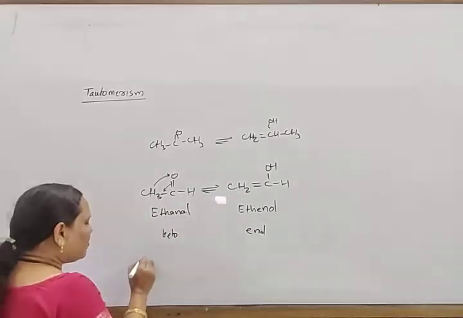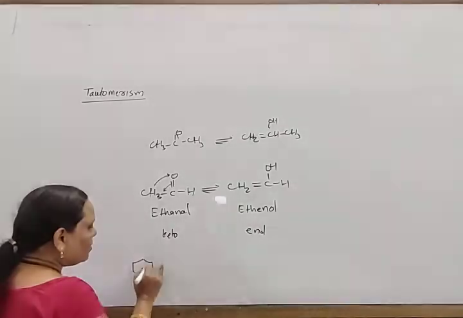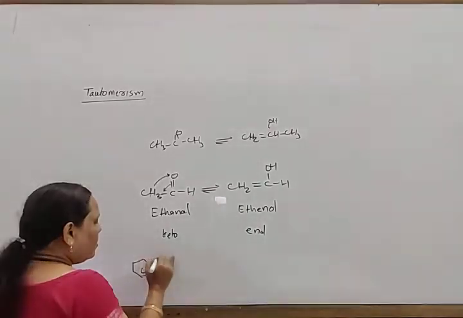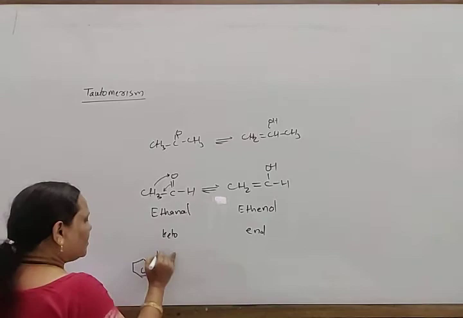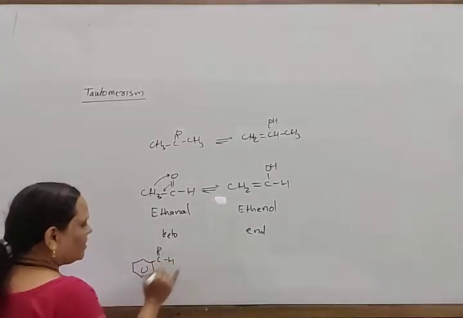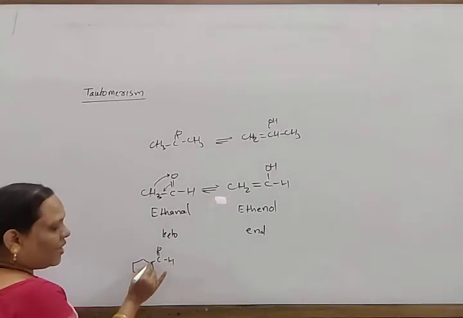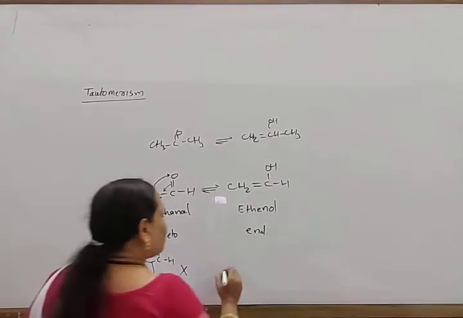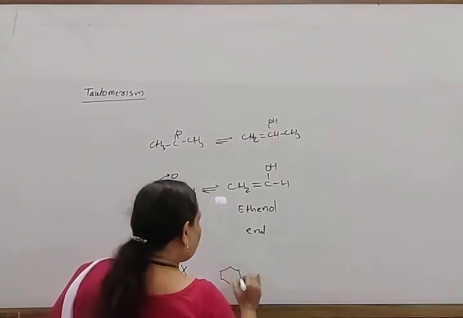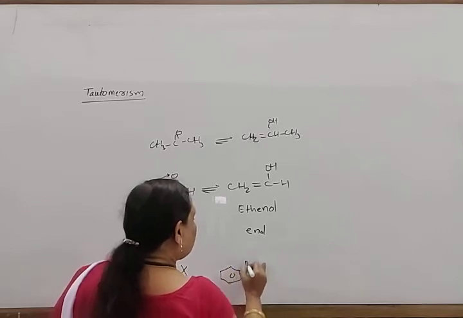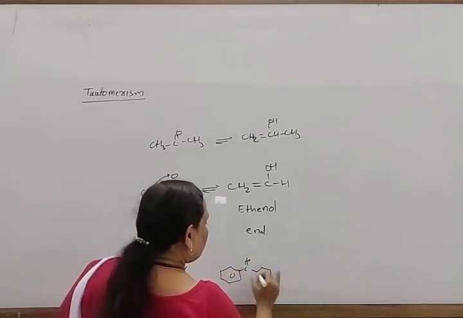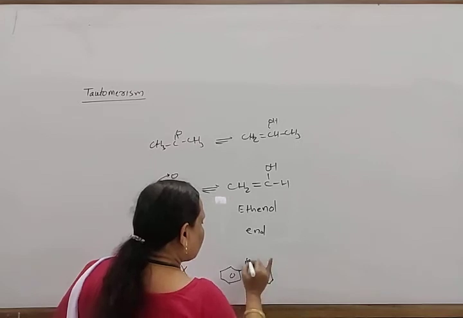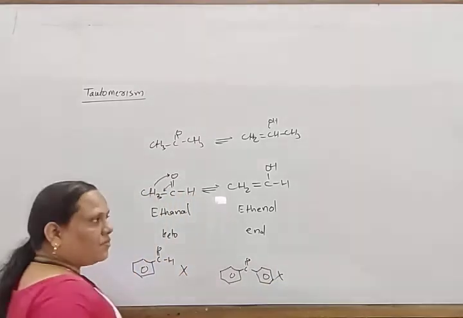For example, consider benzaldehyde, C6H5CHO, where there is no alpha hydrogen atom. It does not undergo tautomerism. Similarly, benzophenone, which has C=O, in this case also no tautomerism is possible.